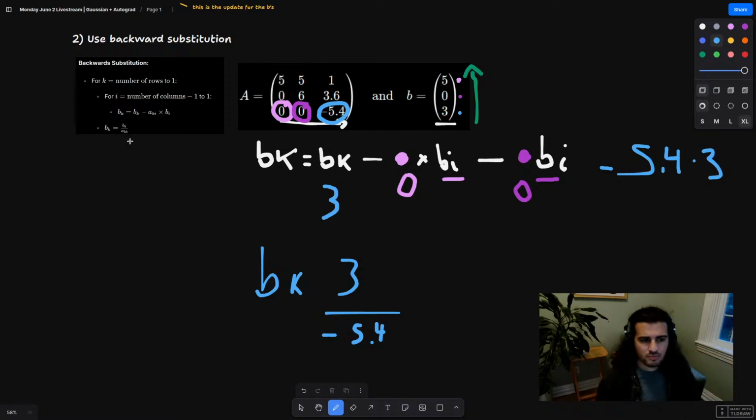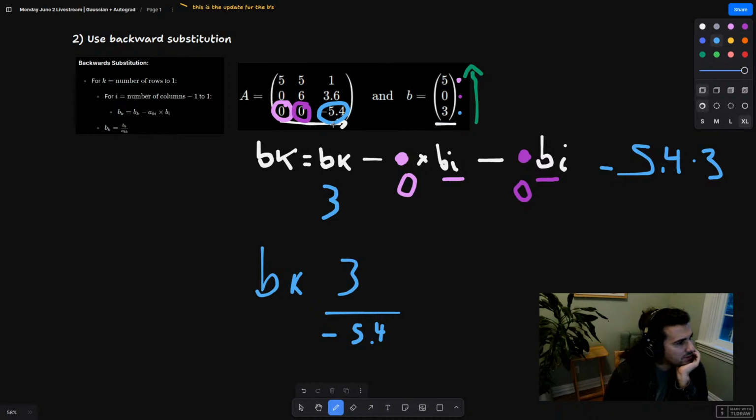Yeah, that's a pretty important one to get, because if I don't get it, I'm not gonna be able to do the rest. I don't get the backwards substitution right now. So this is by rows that we're going, the k's, and we start by the end, right?